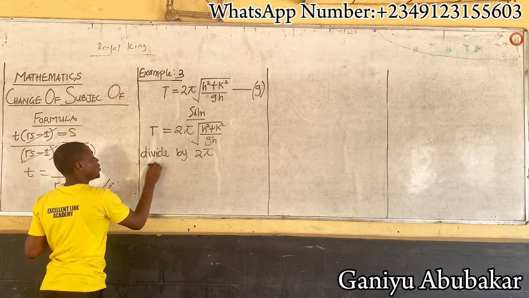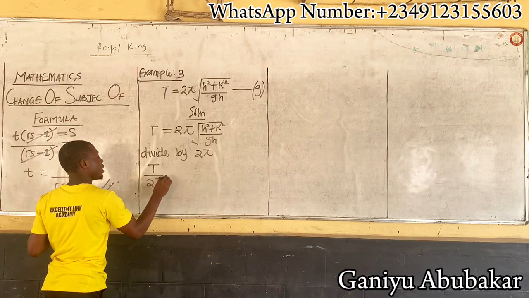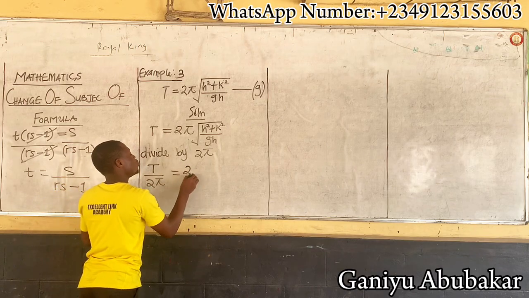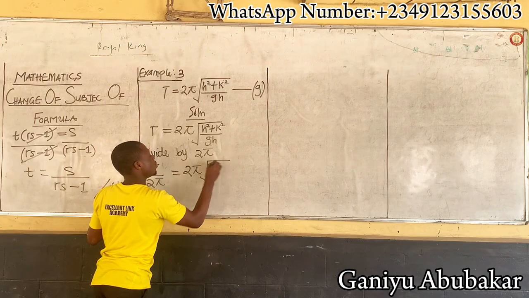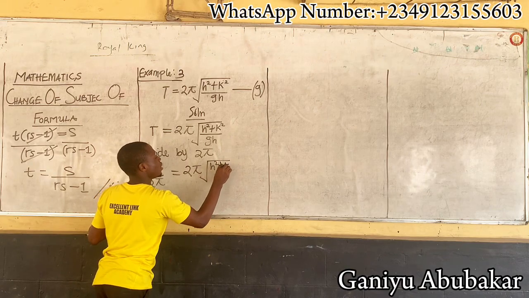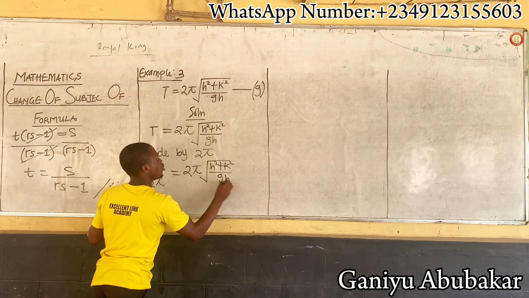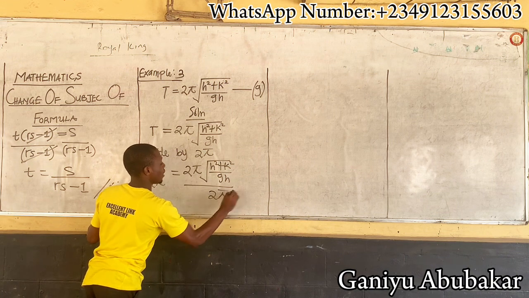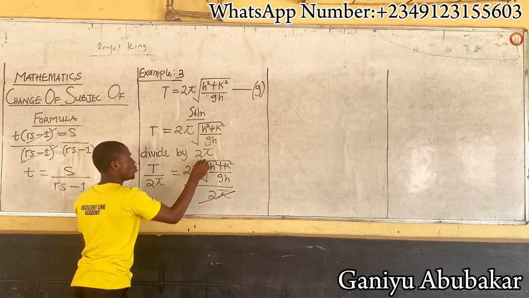So I'll have t over 2 pi equal to 2 pi root h squared plus k squared over gh, over what? 2 pi. This one will cancel this.